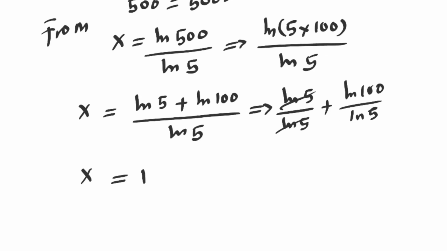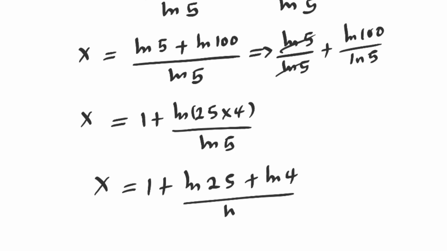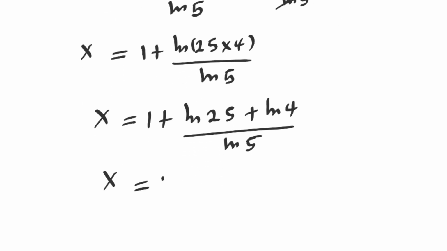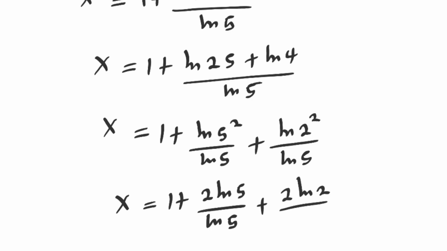x is equal to 1 plus ln of 100, which can be written as ln of 25 multiplied by 4, over ln of 5. x is equal to 1 plus ln of 25 plus ln of 4 over ln of 5. x is equal to 1 plus ln of 25 written as ln of 5 squared over ln of 5 plus ln of 4 written as ln of 2 squared over ln of 5. x is equal to 1 plus 2 ln of 5 over ln of 5 plus 2 ln of 2 over ln of 5.